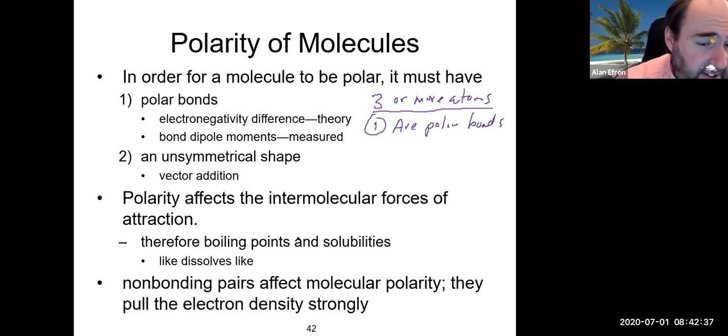So again, here you would use that difference in electronegativity or just the general trend of electronegativity on the periodic table to help you decide whether or not those guys are going to be polar bonds or non-polar bonds. And second thing that you have to look at is the molecular geometry.